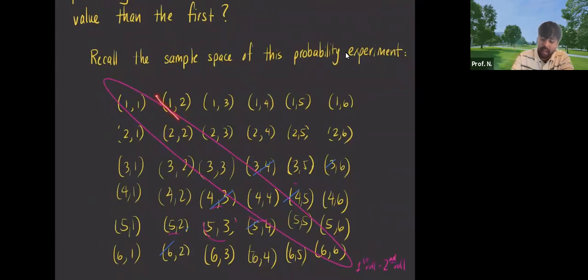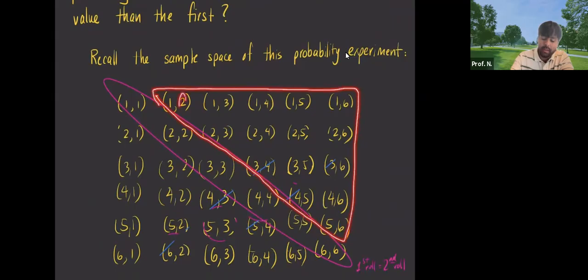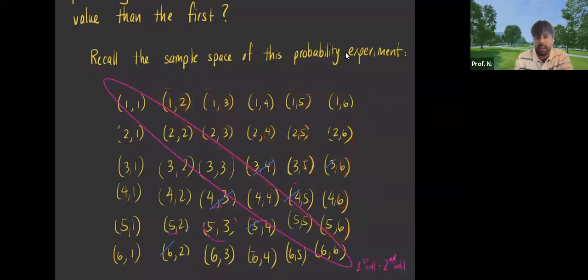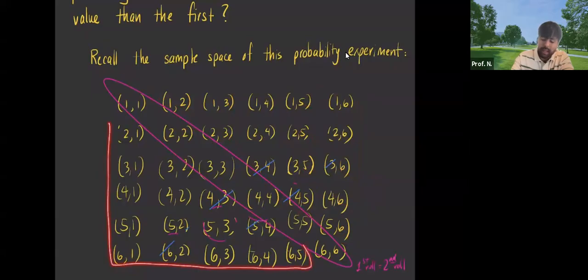Everything in here, the second number is always bigger than the number that came before it. From the other perspective, the opposite is true: for every pair here, the first row is higher than the second row.